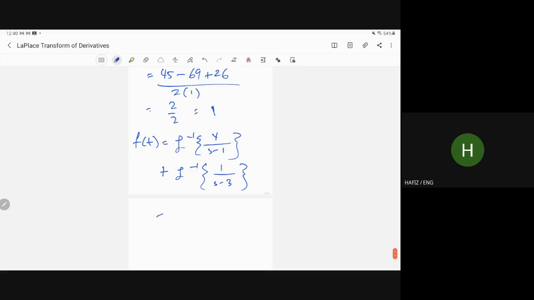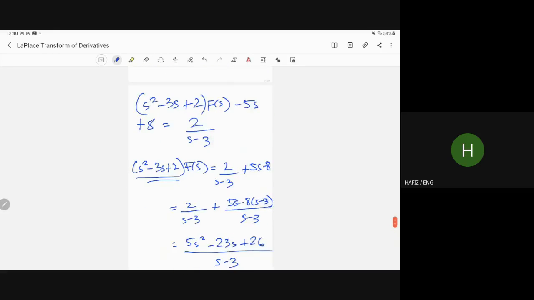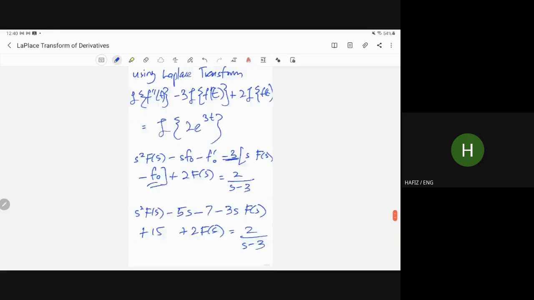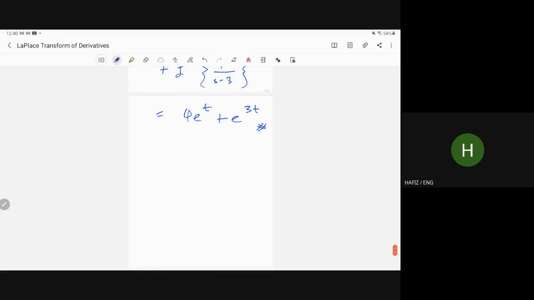And then we have the solution of 4e^t plus e^(3t). Okay, so compare this with the answer just now. We got through calculus 4e^t plus e^(3t). Okay, so it's the same.